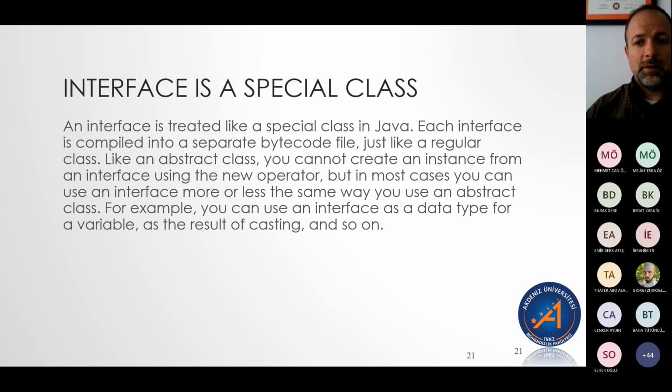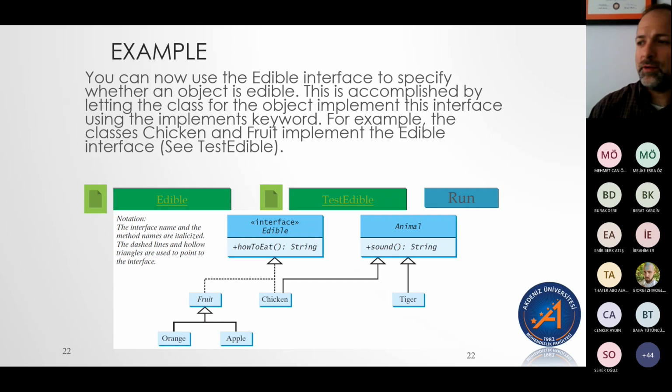Okay. Also, let me introduce some new symbols for our UML diagrams here. Before, inheritance through extends, this was our extends notation here, right? Where we are saying that a chicken is an animal.